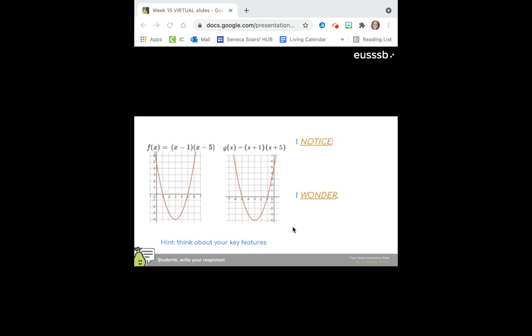How are those numbers in the equations related to a key feature on the graph? All right, keep going. You can keep typing.